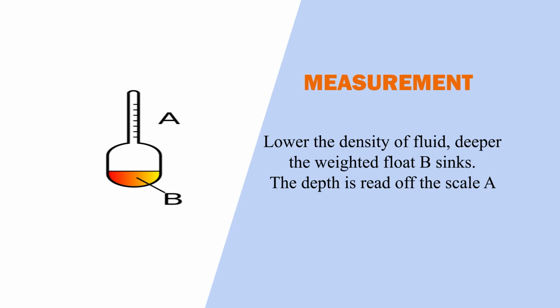If it sinks deep, that means the density of the material is lower, and the graduation on A is based on the calibration. It is calibrated as per the requirement. If you are calibrating it for alcohols, it becomes an alcoholometer. If it is for milk, it becomes a lactometer. If it is for others, then it is a hydrometer designed for that particular liquid.